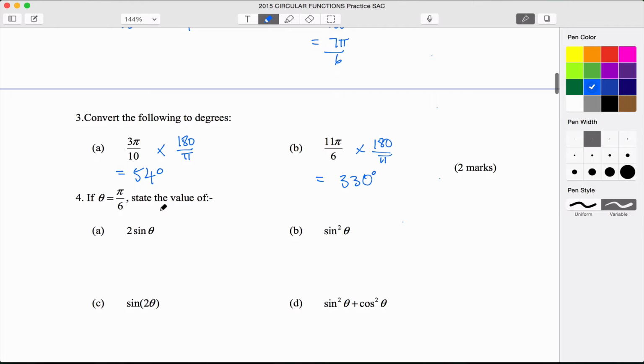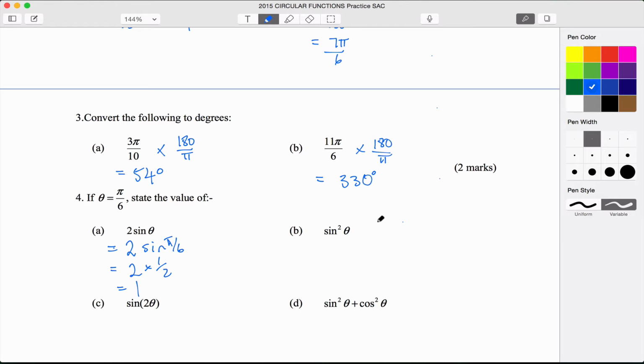If theta equals pi over 6, find the value of 2 sine theta. So this is going to be equal to 2 sine of pi over 6, and sine of pi over 6 is a half, so 2 times a half, which equals 1.